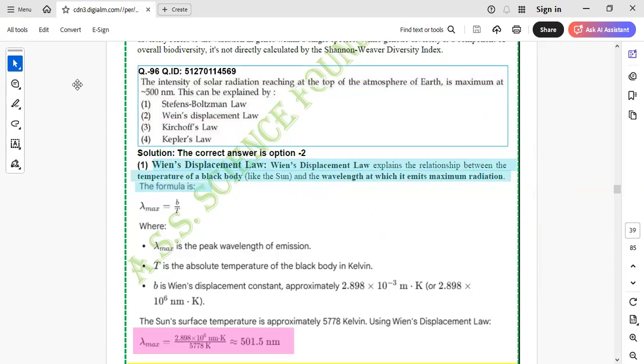And Wien's constant, right? So it's easy, right? So you can calculate that. Lambda max is the peak wavelength, right? T is the temperature in Kelvin, and then Wien's constant is there.